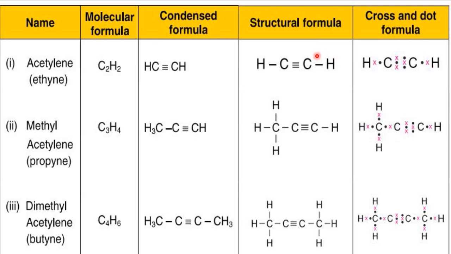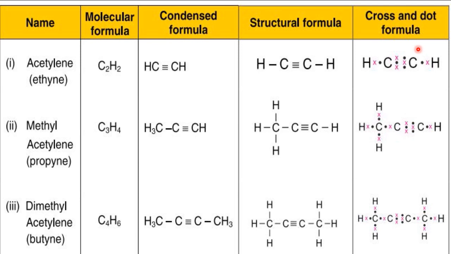Now the structural formula is more elaborated. We are able to see the bonding present between carbon and hydrogen as well as the bonding present between the adjacent carbon atoms. While in the cross and dot formula, everything is visualized.